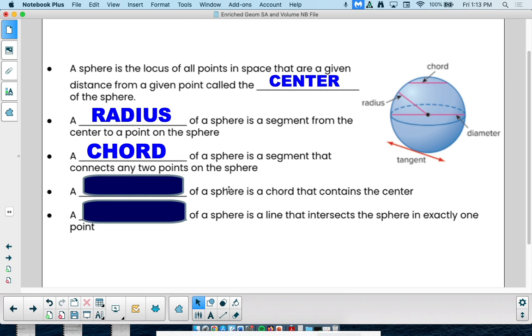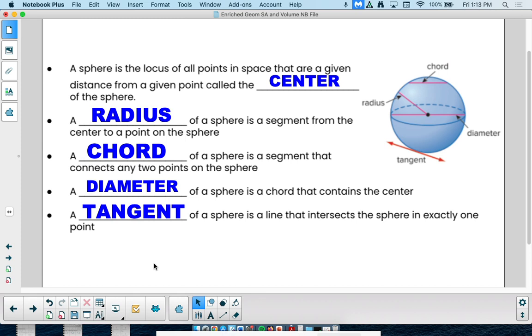A chord that goes through the center is your diameter. And then a tangent of a sphere is a line that touches it in exactly one place.